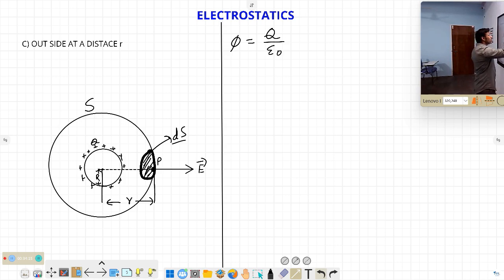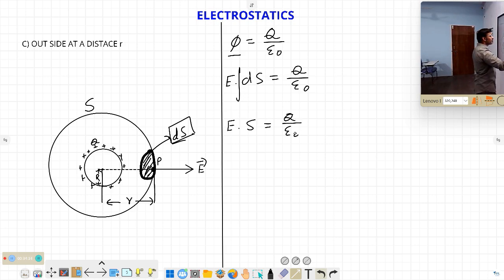Flux here is E into S; for the small surface area, it is E into ds equal to Q by epsilon naught. Now we can apply integration: E into integral ds equals S, which is nothing but Q by epsilon naught. So that is E into S, the surface area of the Gaussian surface which you took, whose radius is small r.